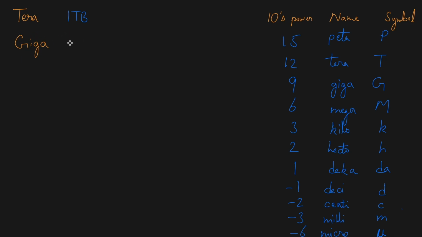You can say about 500 GB of your hard disk space, GB, which means gigabyte. Also, when you talk about the processor on your computer or laptop, they say that this processor is about 3.0 gigahertz or 2.9 gigahertz. So that's also where giga is used. So let me just write down fully.